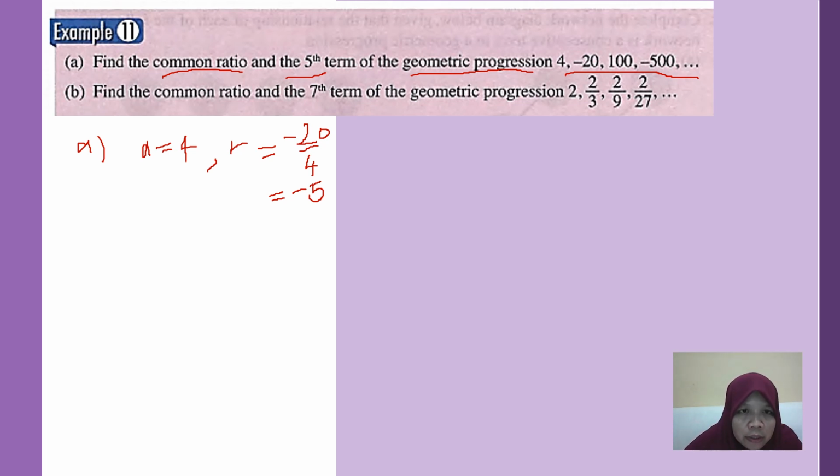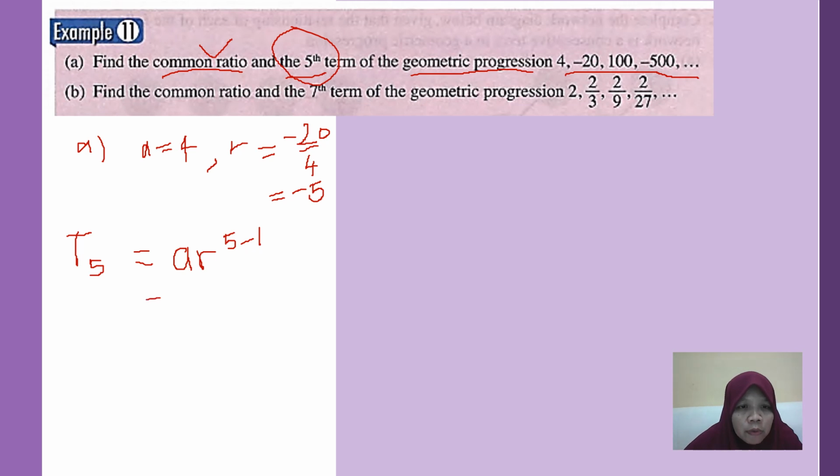We already answered the common ratio, which is negative 5. Then how to find the fifth term, T5? Just now we know that the formula to find Tn is ar to the power of n minus 1. So T5 is equal to a times r to the power of 5 minus 1.